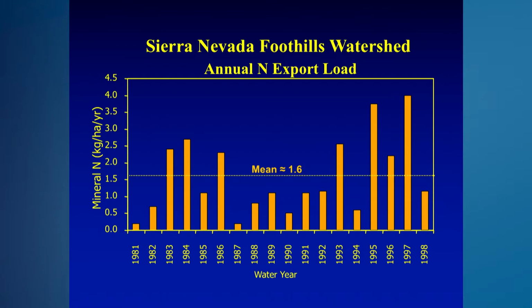If we look at the amount of ammonium and nitrate being exported from watersheds, here in kilograms per hectare per year, for a long-term record in the Sierra Nevada foothills, we find that there's considerable variability in the amount of nitrogen exported each year, with a mean value of 1.6 kilograms per hectare per year.